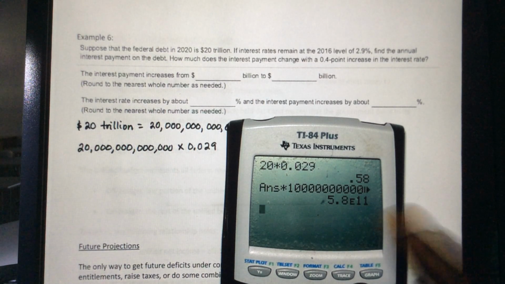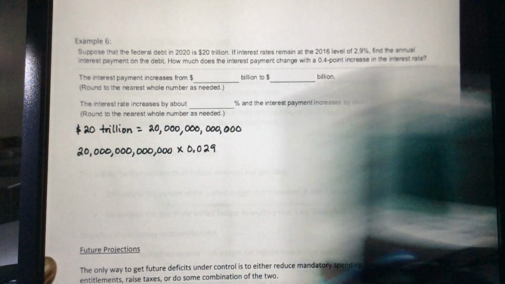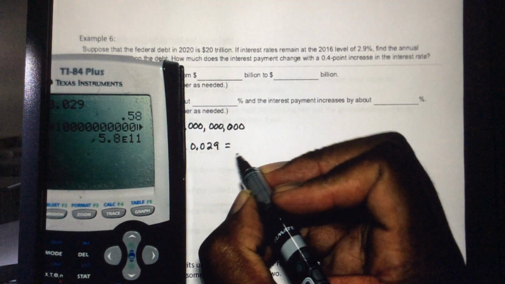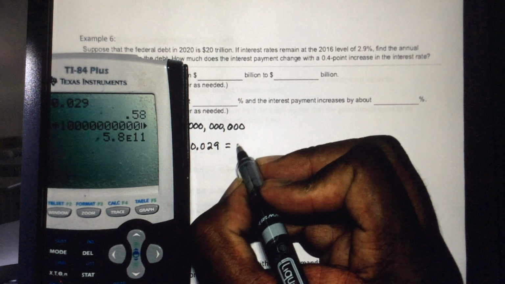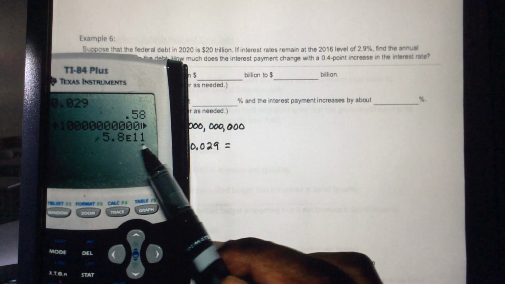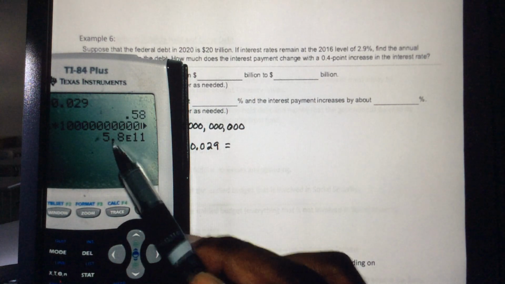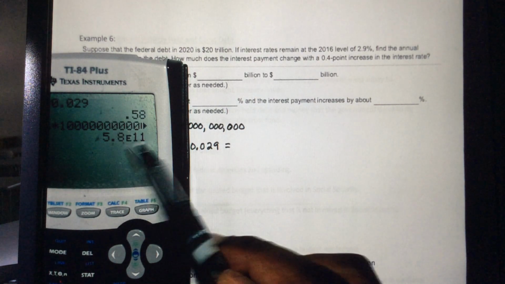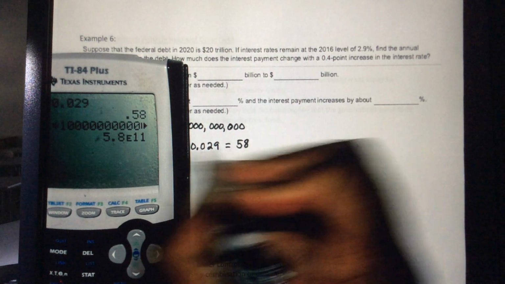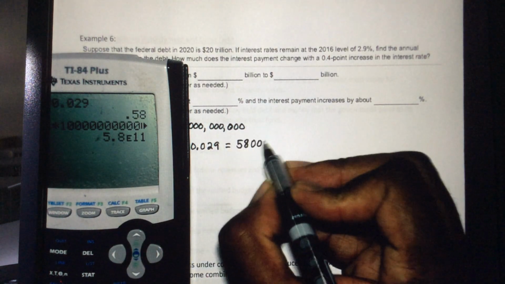But in this case here, that 5.8 with e to the 11, that means that if I move this over one place, I'm going to need 10 zeros behind it. So I'm going to have a 5, 8, and then 10 zeros.